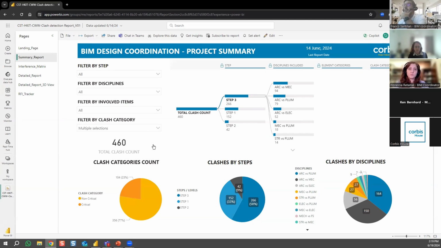So you can see that for this reduced scope of work, we analyzed this part of the project, and the final number of clashes that we analyzed and classified was 460 of the total clashes, after filtering the information about the non-important clashes, such as modeling mistakes or those produced by a lower LOD.